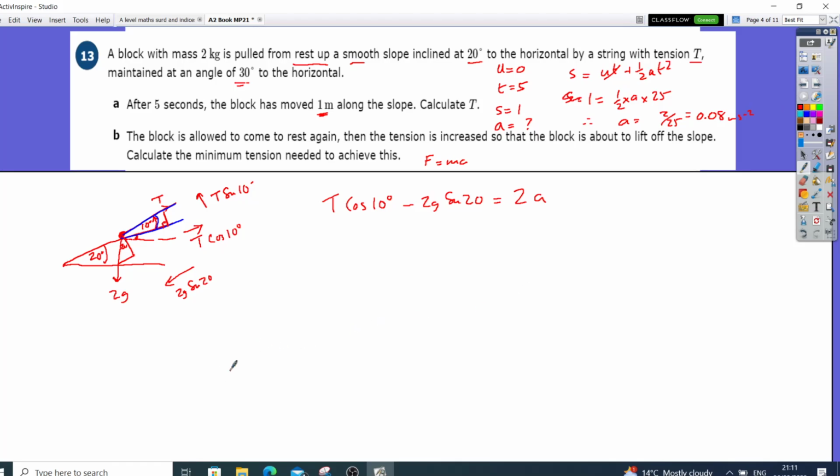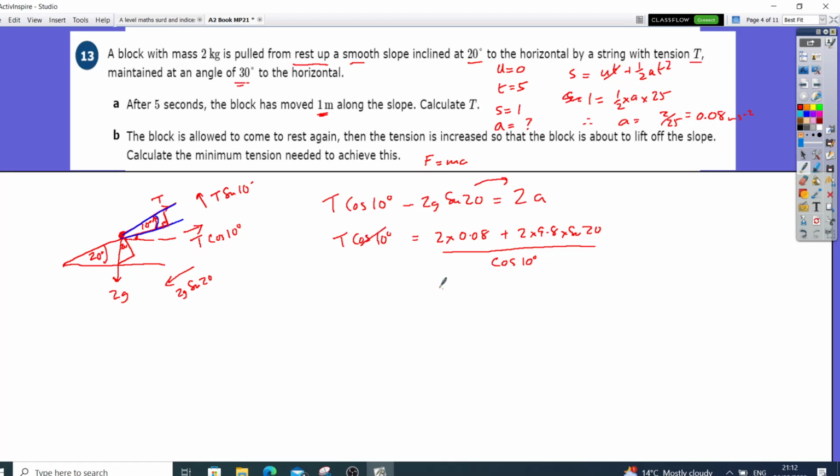Now we've got that, we can rearrange this, so we can say T cos 10 degrees is going to equal, take that to the other side, so we've got 2 times the acceleration, which we know is 0.08, plus 2g, which is g is 9.8 times sine 20, all over, now I'm going to take this to the other side, which is going to be cos 10 degrees.